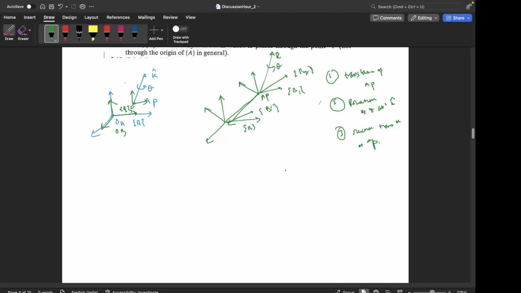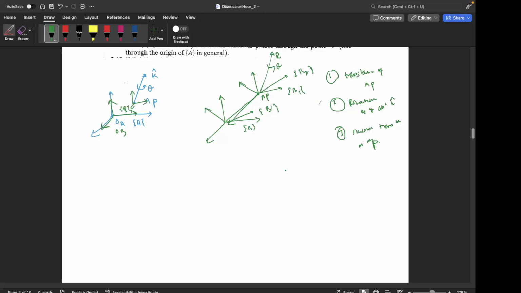Then in order to describe the rotation which takes me from frame A to frame B, rather than describing three axes and three angles, I get one equivalent axis and one equivalent angle. So it's a more compact and dense form of describing rotations.